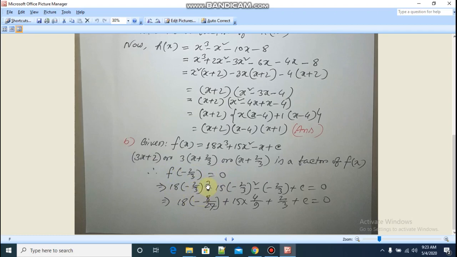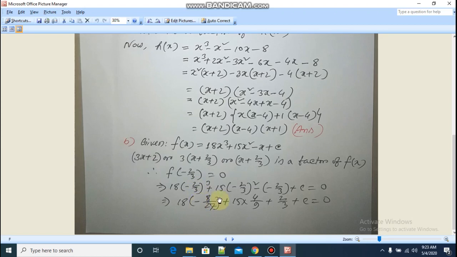(-2/3) whole cube minus 15 into (-2/3) whole square minus 2/3 plus c equal to 0. By cubing, we get 2 cube equal 8, 3 cube 27.